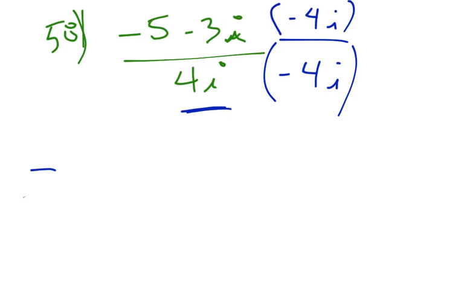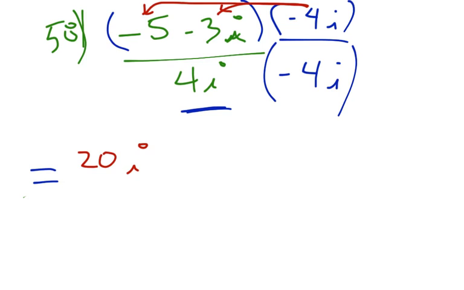So, on the top, I need to multiply that negative 5 minus 3i times negative 4i. So it's going to be negative 4i times negative 5, 20i. And negative 4i times negative 3i. Negative 4 times negative 3 is positive 12, i times i, i squared.